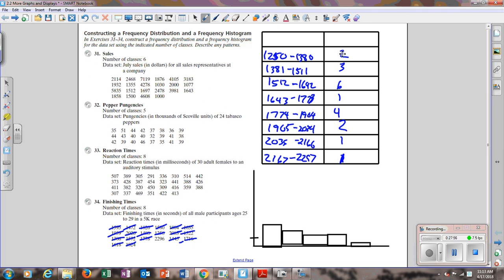And we should be good. 5, 11, 12, 16, 18, 19, 20. There's 20 people, not 25. I was looking at the age. All right, so we're good.